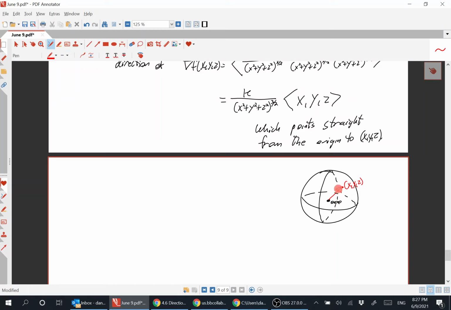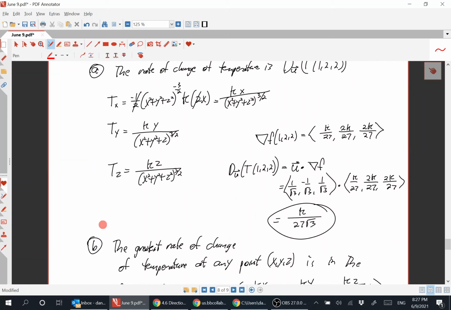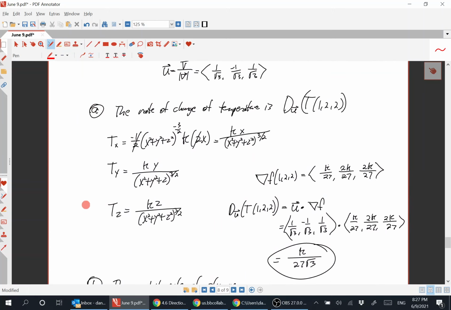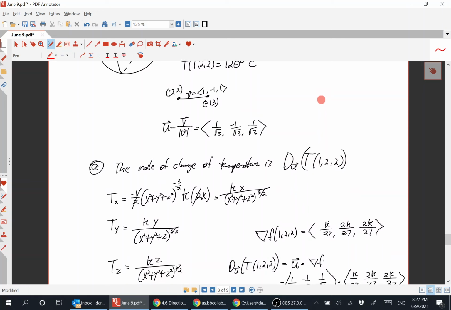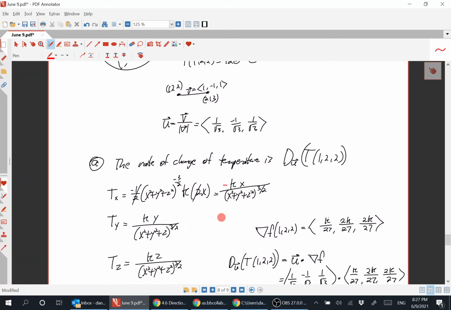Right, so if the temperature at any given point is inversely proportional to its distance from the origin, oh, I'm sorry. I lost the negative somewhere. Negative 1/2, yeah, these are negatives. Oh boy.